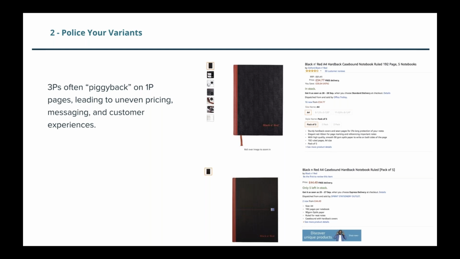It's a solid black with some red letters across the bottom. But one of those variants listed on that page pulls up the product page down below, and this is sold by a 3P. And what infuriates the brand here is not only is the pricing on a per unit basis a little bit skewed and against their policy, but the image shot here, you'll see there's a little metal item that shows up on that cover.